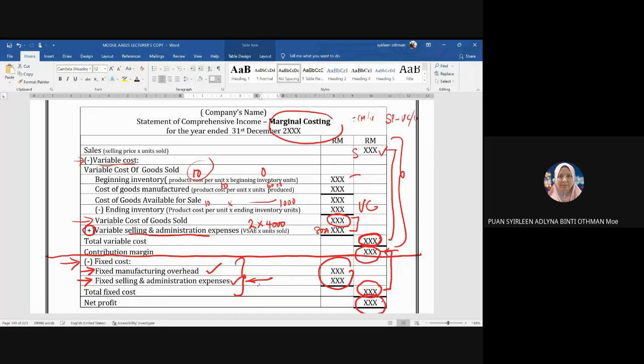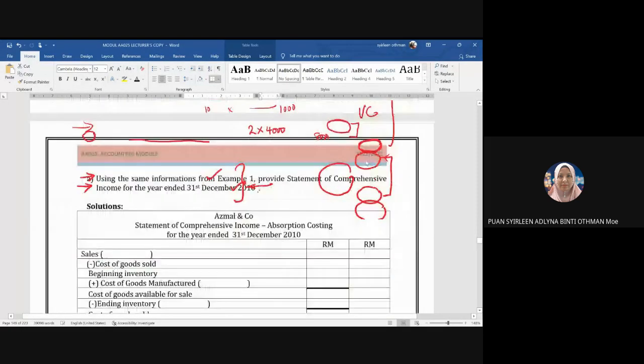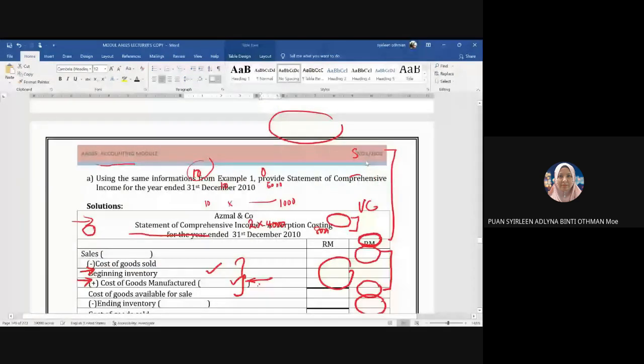If you look carefully here, the format is totally different. Excuse me, hopefully I haven't made any mistakes. Okay, alright. So now we are going to use the data from example 1 and put it into the statement.